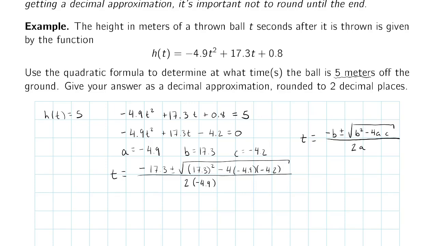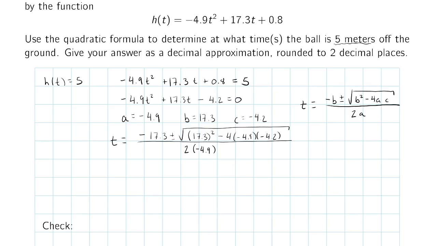Now, we don't want to go too much step by step because we don't want to just copy these ugly numbers over and over again. But we also don't want to just throw this whole thing into our calculator at once because it's really easy to lose track of what we're doing. I find that a happy medium is to work out the discriminant first.